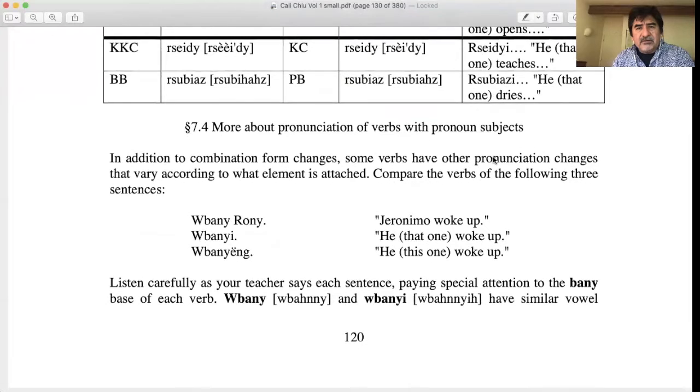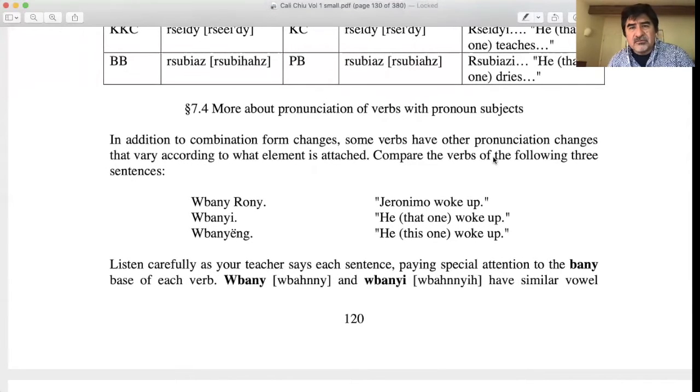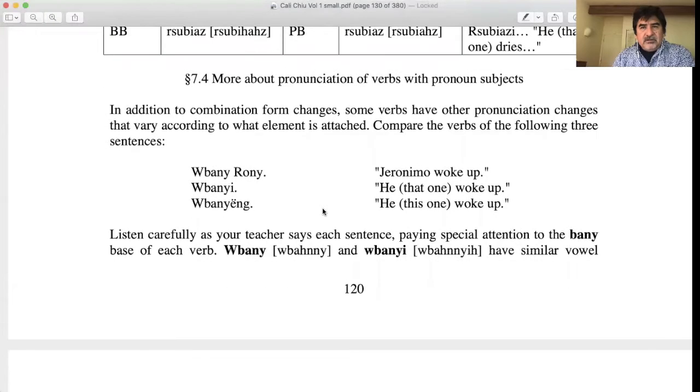So we have more about pronunciation of verbs with pronoun subjects. So here we go. Geronimo woke up. So we say whiny, right? Now this is all one word, but remember that this is the bound pronoun attached to the verb.